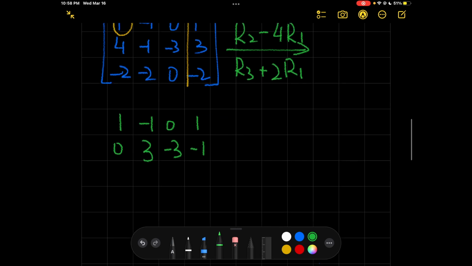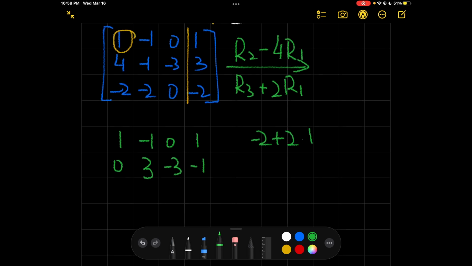And row 3 plus 2 row 1: negative 2 plus 2 times 1 is 0, and negative 2 plus 2 times negative 1 is negative 2 minus 2 is negative 4, and 0, which is 0. Negative 2 plus 2 is 0.